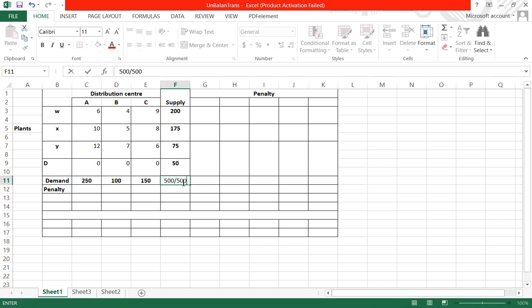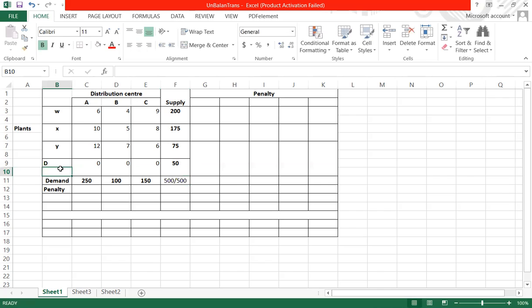This problem has now become like the old problem, and we can solve it by normal transportation algorithm, like the VAM method or least cost method or northwest corner method.